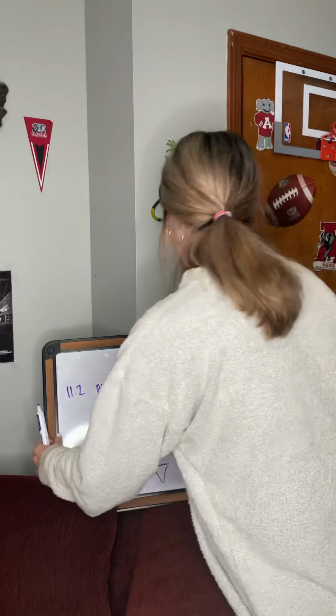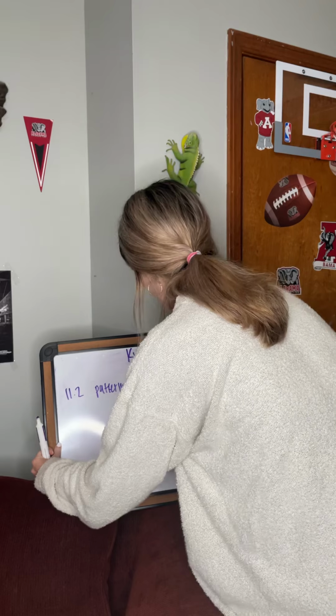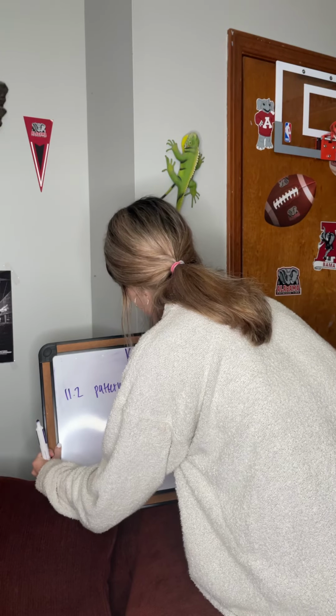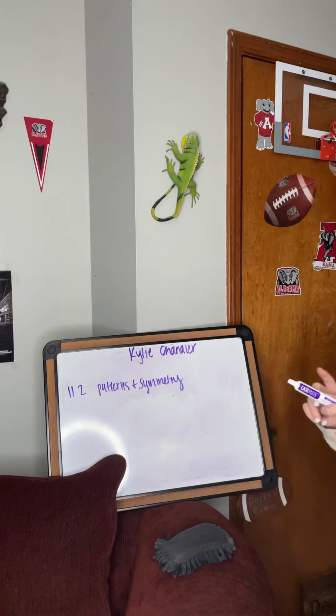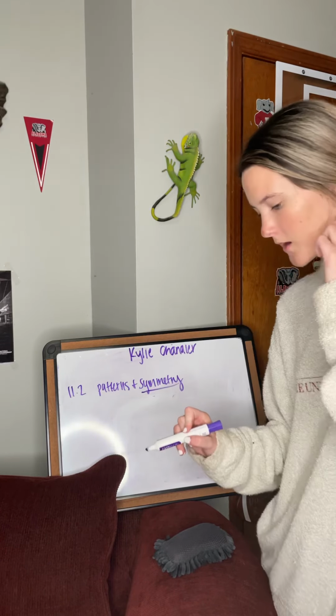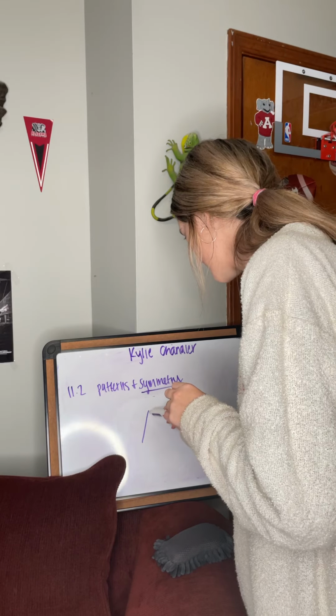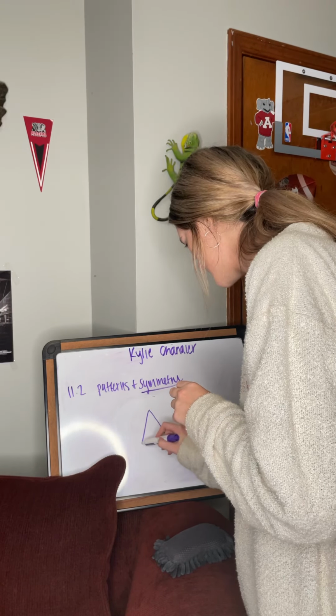And the last one for these, we're just going to do a basic shape so that we know that we understand the concept. This is lines of symmetry, by the way, so this is the symmetry part. We're going to do a regular triangle. All sides are even.